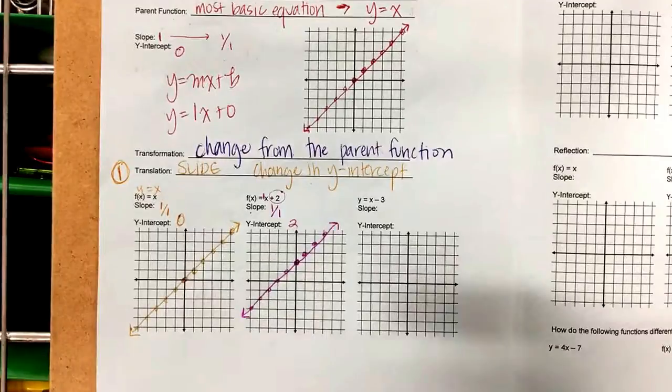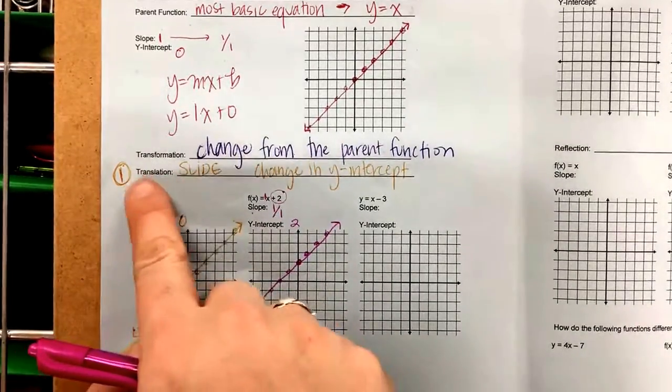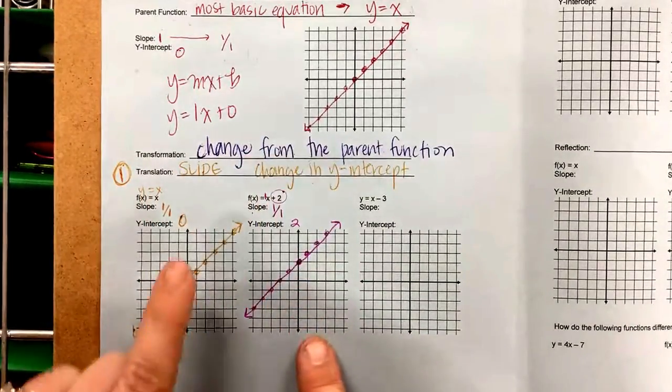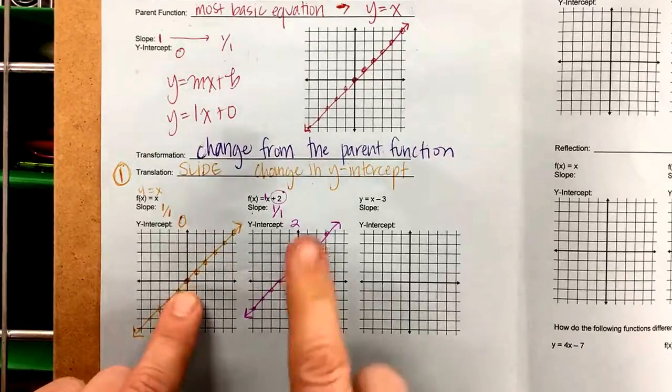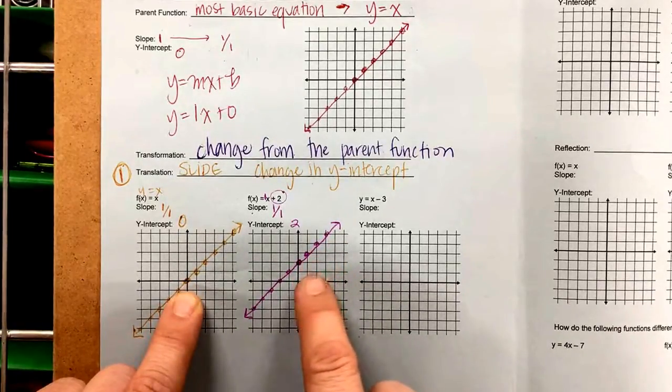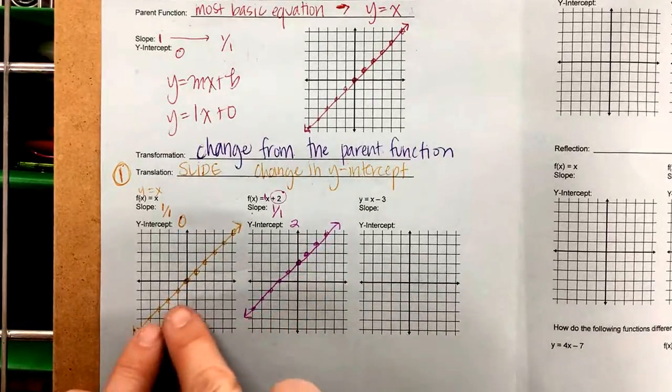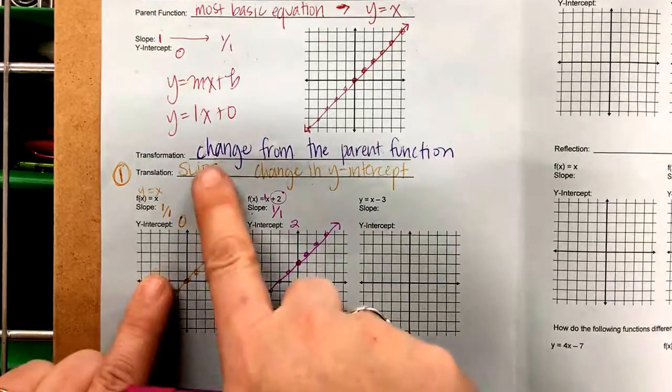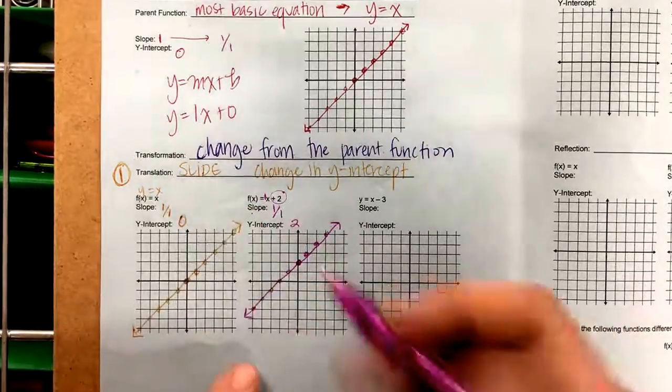So I'm looking, what is the translation? What is the change from this graph, the parent function, to this graph? Well, the graph just slid up 2.